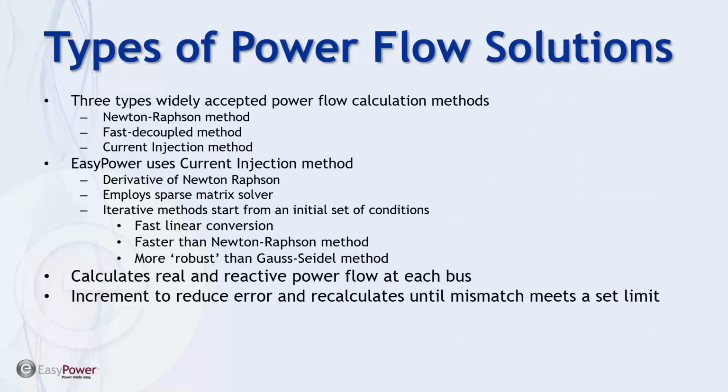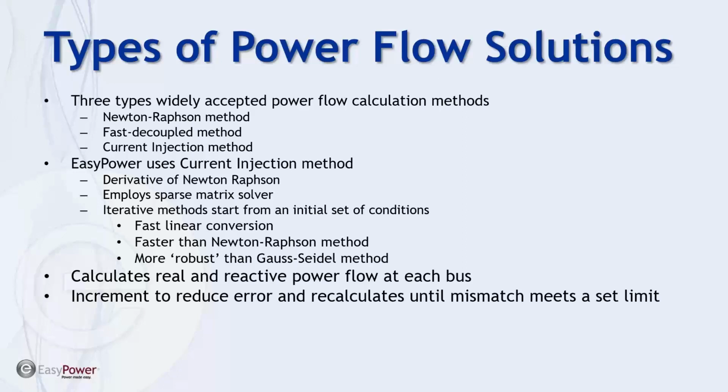Now, when it comes to computer analysis of these types of problems, there are three widely accepted power flow calculation methods: the Newton-Raphson, the fast decoupled method, and the current injection method. EasyPower uses current injection, which is a derivative or takeoff on Newton-Raphson, and employs the sparse matrix solver. Essentially, we build a matrix we call the admittance matrix, and admittance is the inverse of impedance.